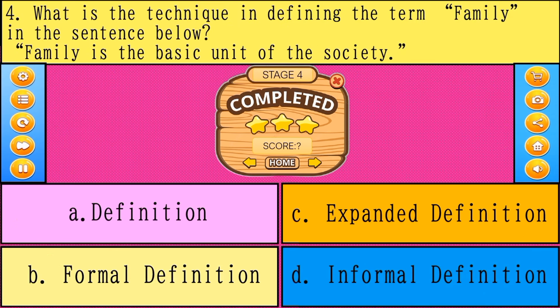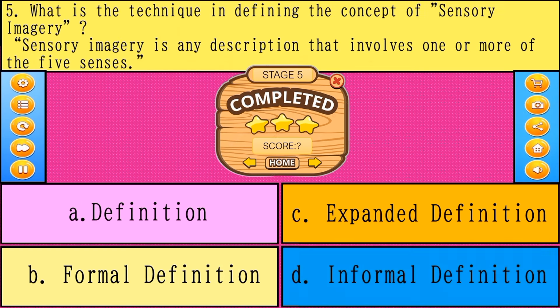Number 4. What is the technique in defining the term family in the sentence below? Family is the basic unit of the society. Answer is D. Informal definition. Number 5.